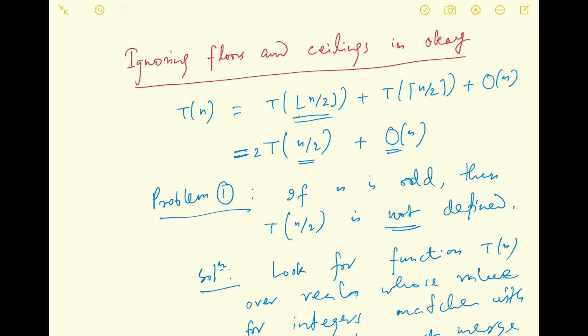So that's why you can ignore floors and ceilings. When you are solving recurrences, you simply ignore floors and ceilings and first check whether any condition of the master theorem holds or not. In 99% of the cases, you will be done.